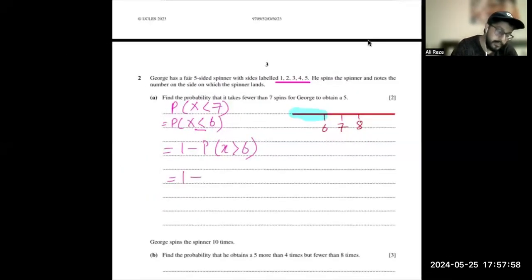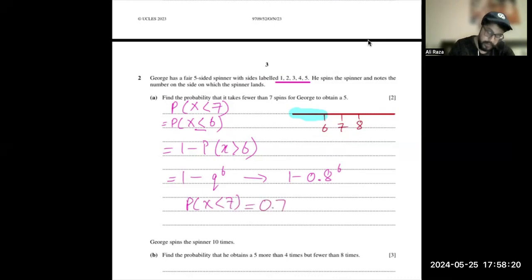We can obtain this by 1 minus q power 6, and in this case, the value for q is 0.8. 1 minus 0.8 power 6. The probability for x less than 7 comes out to be 0.738.